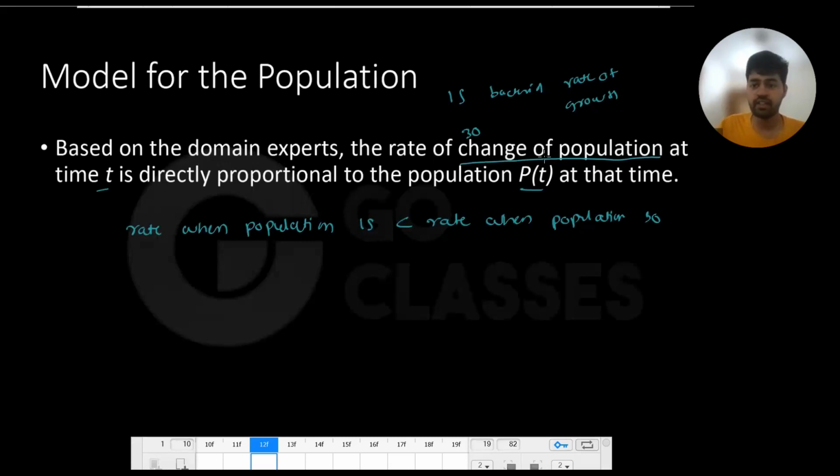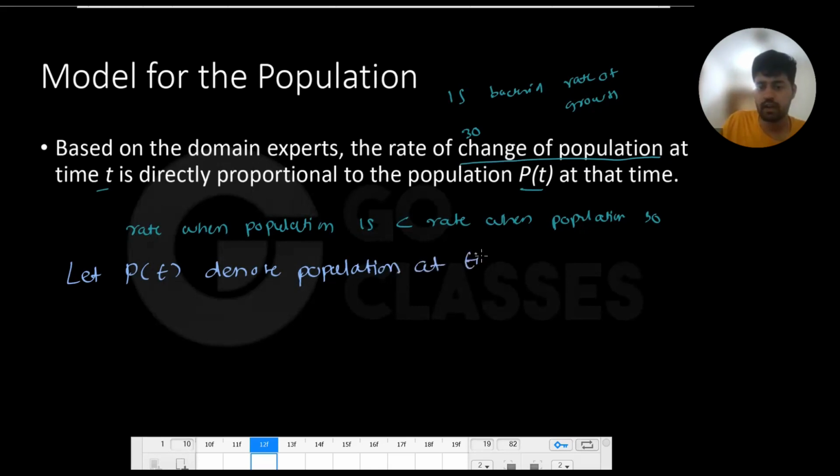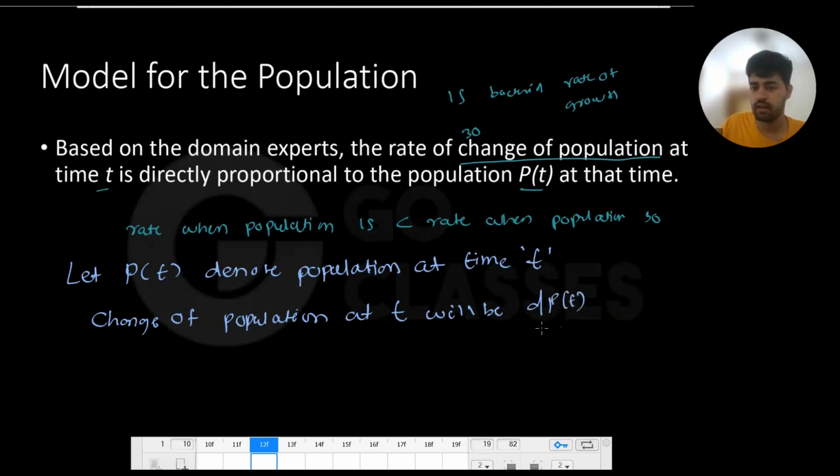All right. So we say let P of T denote the population at time T. So P is a function of time T. Then the change of population at T will be the derivative.